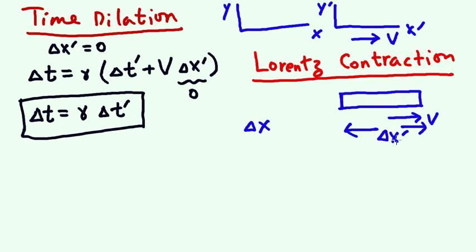One thing that you need to remember is that when we measure length in whatever frame, we must measure the left end of the rod and the right end of the rod at the same time, because otherwise the length could be any arbitrary value depending on what time you measure the left end and what time you measure the right end. So that means in whatever reference frame you measure the length, delta t should be 0.